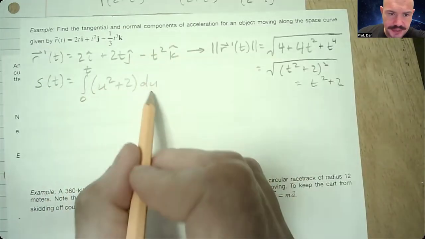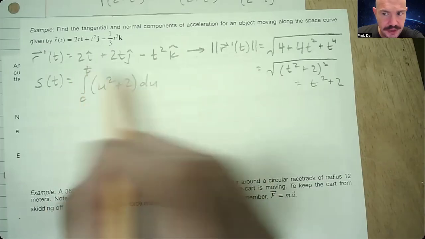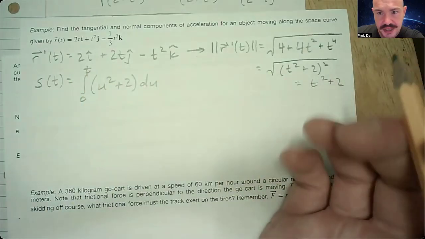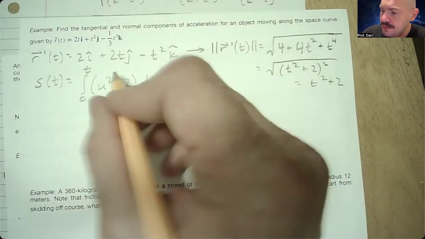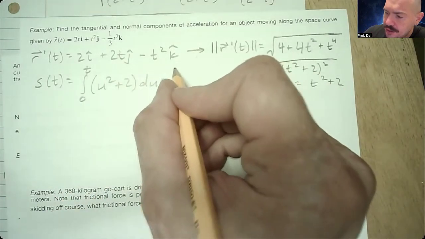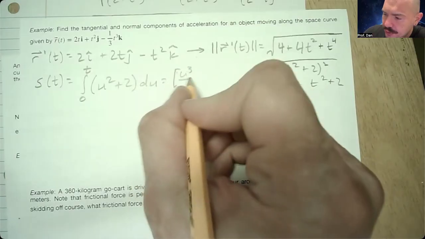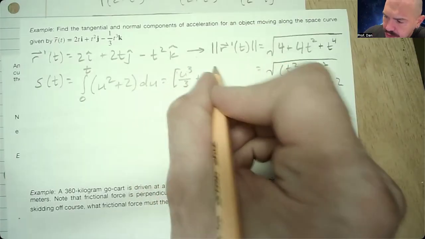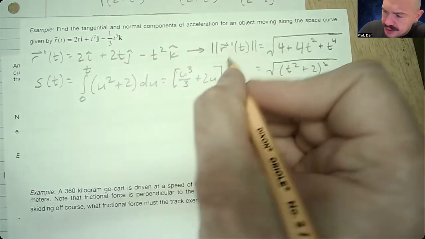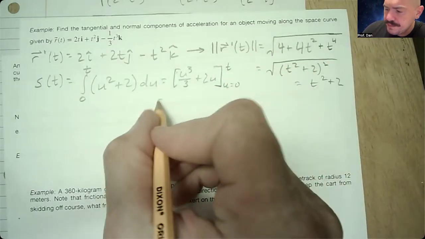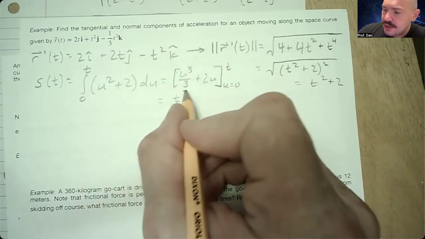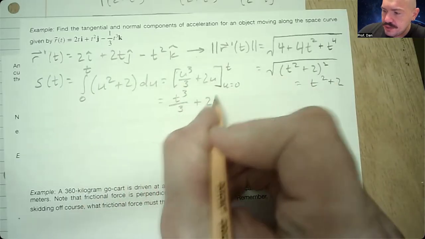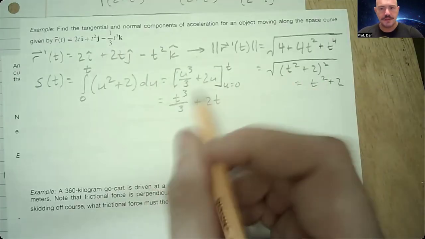Just because I don't want my differential and this bound to be the same variable. That's why I did t prime in that last one as well. So when I take the antiderivative, we end up with u cubed over 3 plus 2u. We're evaluating that from u equals 0 to u equals t. So for my arc length, I end up getting t cubed over 3 plus 2t. So this is my arc length.